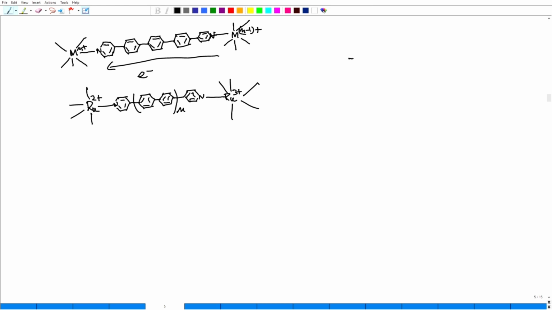This drawing has to be perfect. No more cartoon. This is down, this is up.